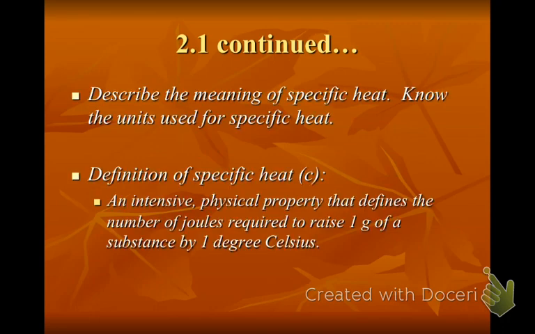Okay, now we're going to dive into specific heat. I'm just going to define it, and then we're going to do some calculations with it more on Monday. But know the meaning of specific heat and know the units. So first, the definition.